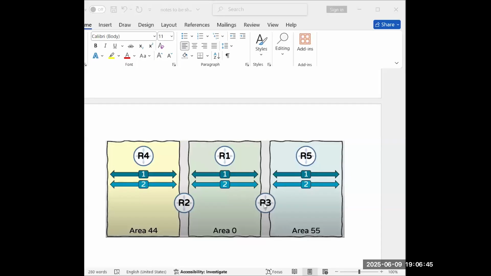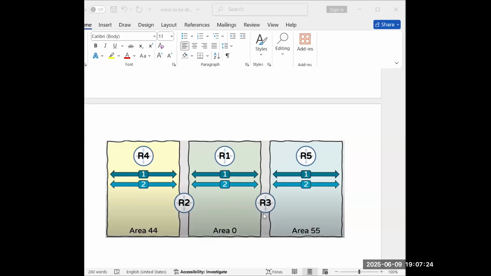So this type 3 LSA is generated from these routers only, not from these routers. R1, R4, R5 are not ABR routers, right? They are only connected within the same area. They're not acting as a bridge between two different areas. So the type 3 LSA advertisement is generated only from the R2 and R3 routers in the network.